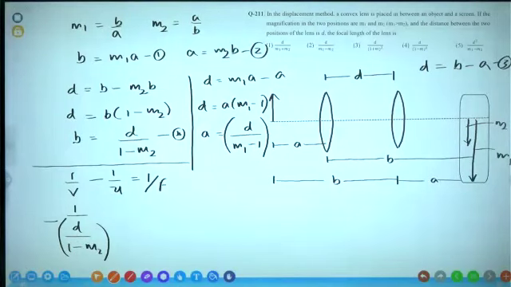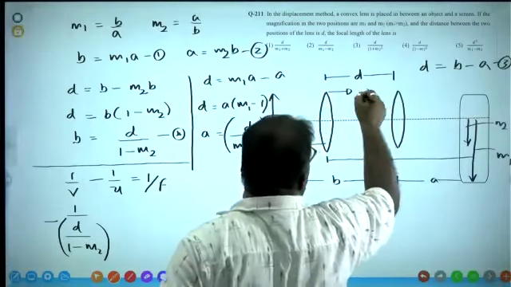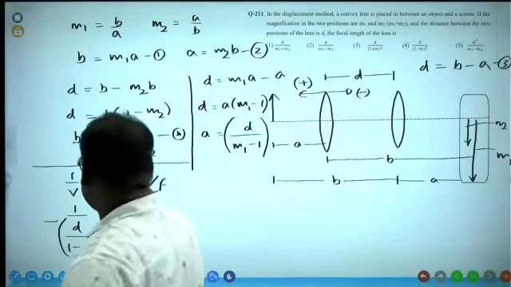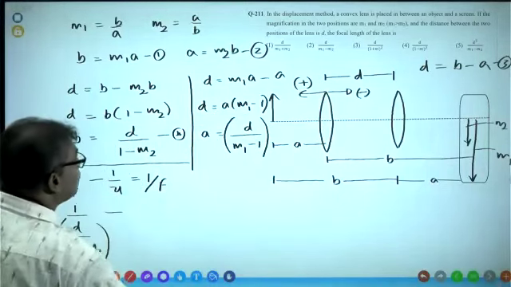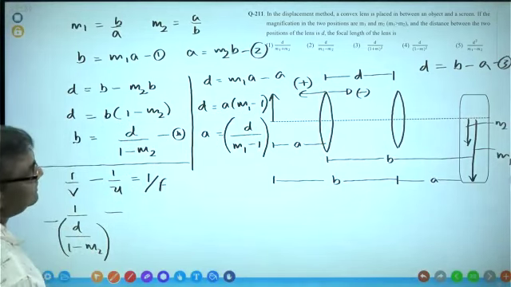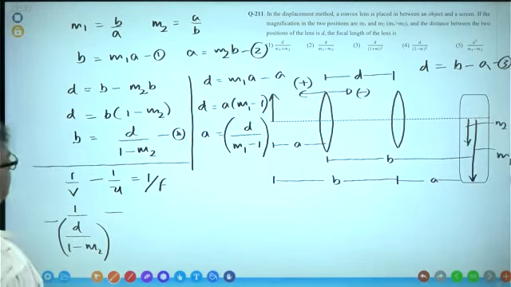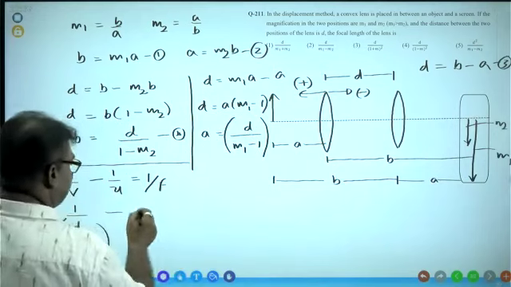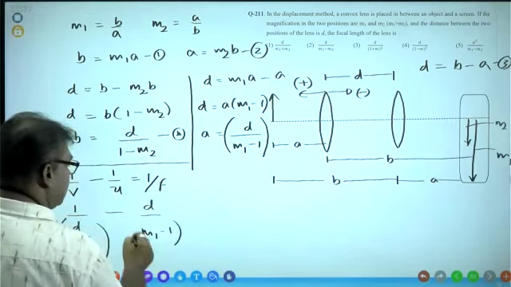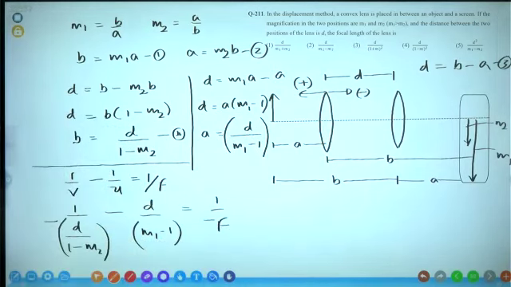Apply the sign convention: towards the direction of light rays is minus, backward is plus. Minus 1 over U, the object distance, which is A, and A in terms of D is D over M1 minus 1. Clear with that? Equal to 1 over F, with sign convention minus.